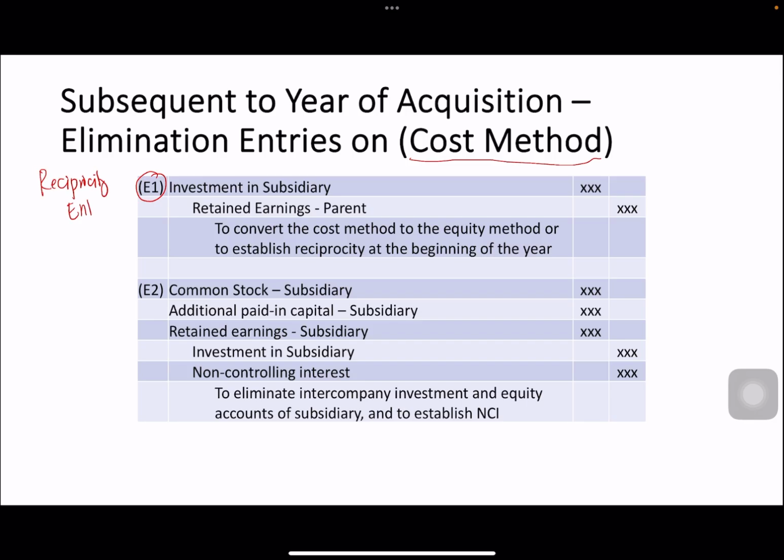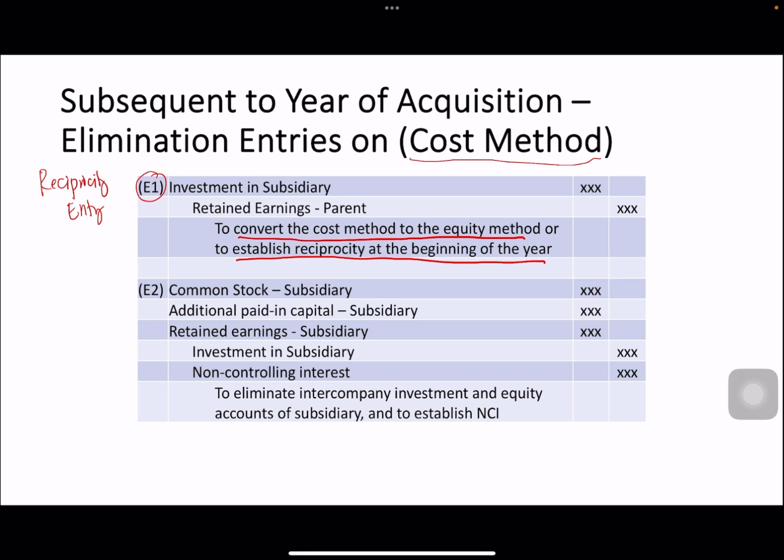This entry has the objective to convert cost method to equity method or to establish reciprocity at the beginning of the year. The amount recorded in this entry is computed as follows.